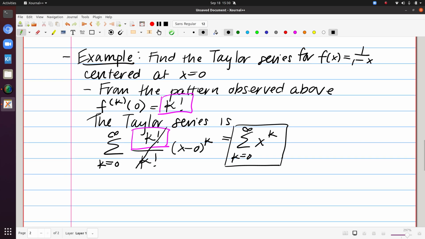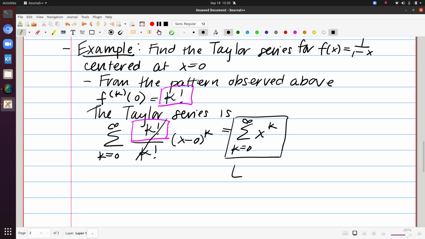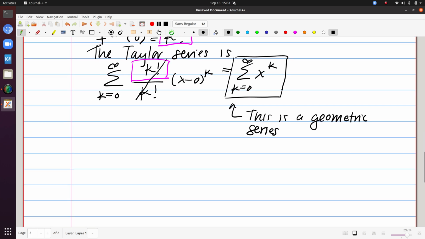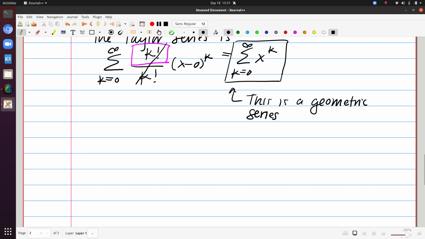Now, looking at this series, hopefully this looks familiar. We have an x raised to the index k, and so this is, in fact, a geometric series. Of course, the difference here is instead of having like 1/2 to the k or 2/3 to the k, we have a variable x to the k, because this is, in fact, also a power series.